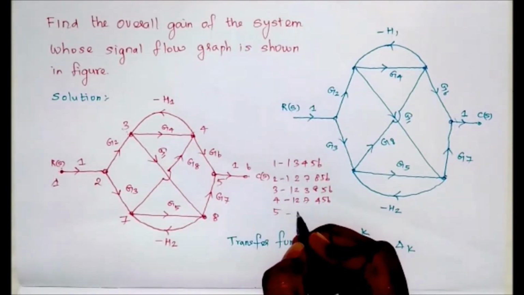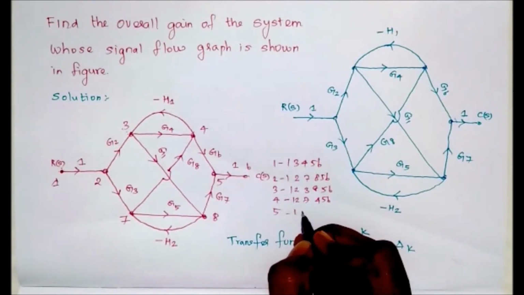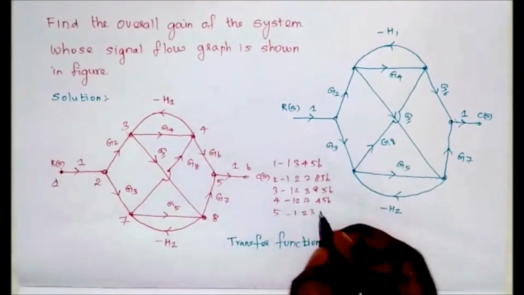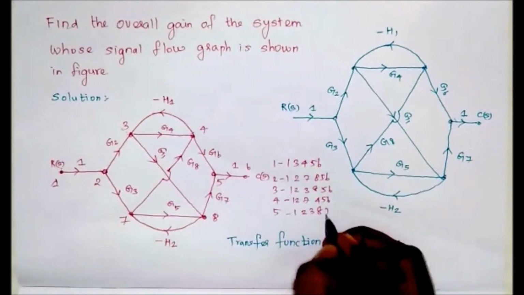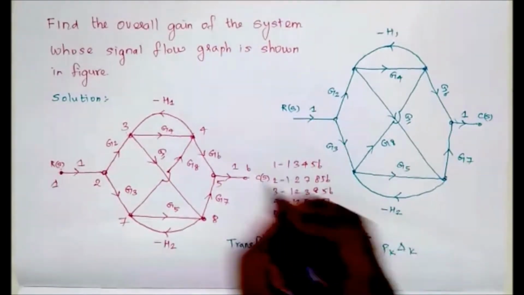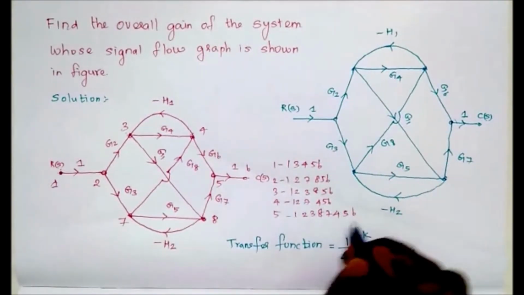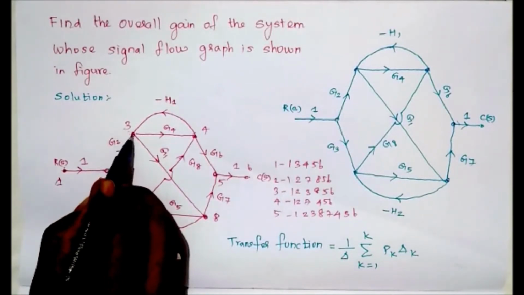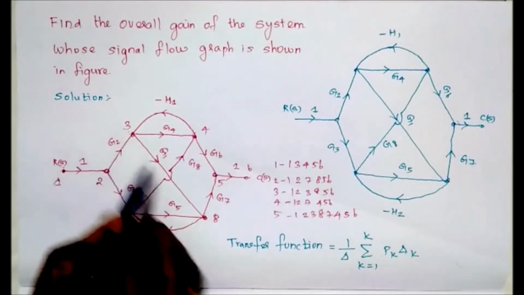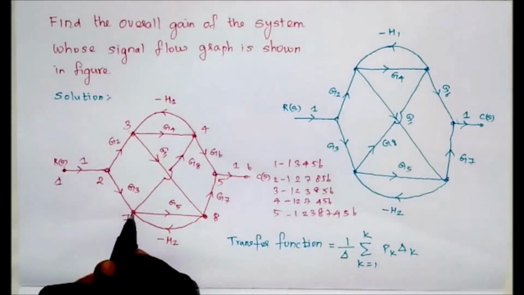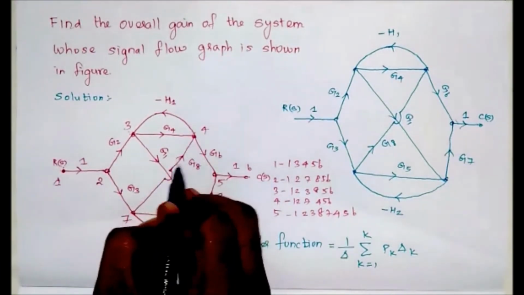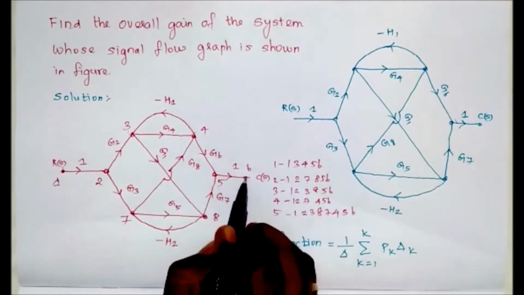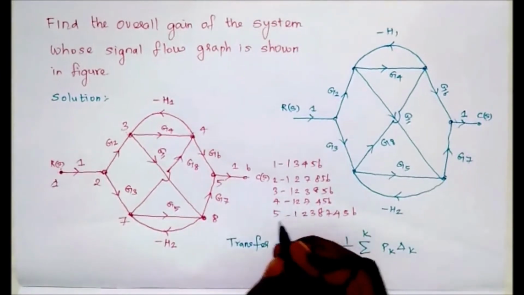So the fifth forward path is 1 to 2, 2 to 3, 3 to 8, 8 to 7, 7 to 4, 4 to 5, 5 to 6, because it is starting and ending here. By seeing the arrow mark, it is going from 3 to 8, from 8 to 7, 7 to 4, 4 to 5, and 5 to 6 where it ends. Therefore it is the fifth forward path.